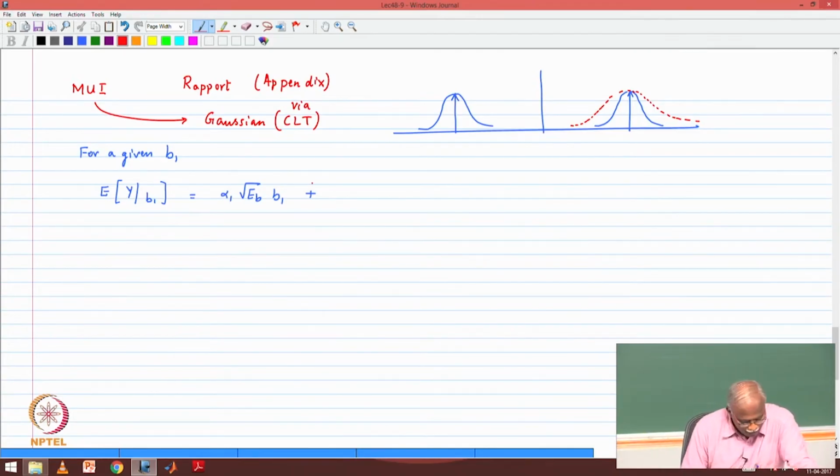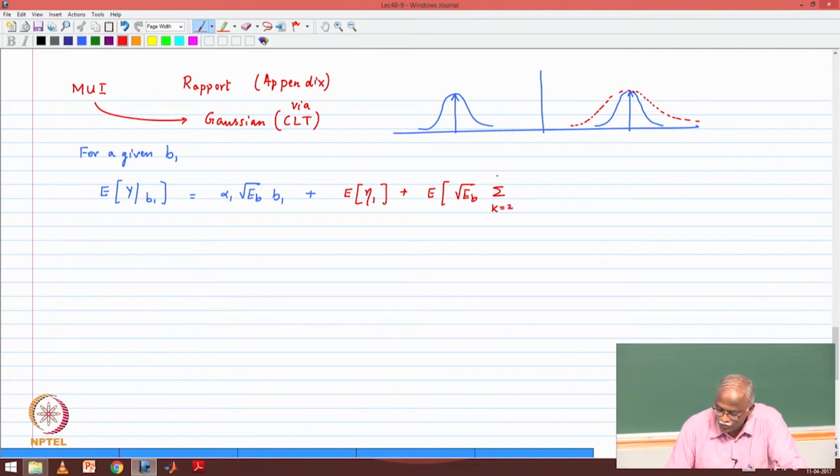So, the expected value of y given B1 would be the expected value of eta 1 plus the expected value of root EB summation k equal to 2 to uppercase K alpha k bk r1k. This is the mean value.